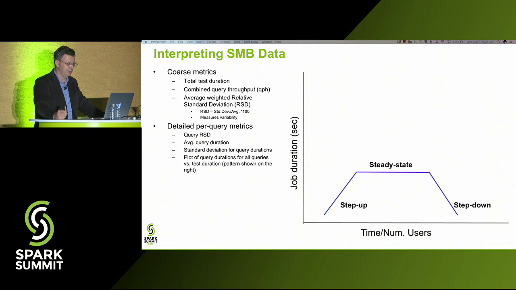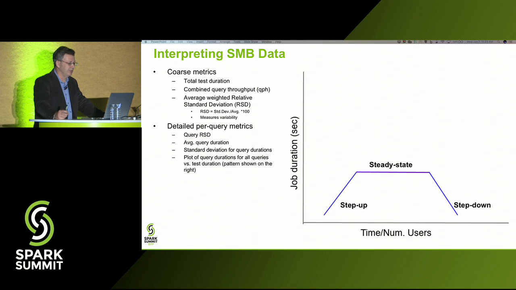So each job will be one dot on this plane. And on X is the time when this job is starting. And by starting a job, we mean after the Spark context is instantiated and just before we run the query. So in the ideal case, you would be seeing something like this blue graph there.